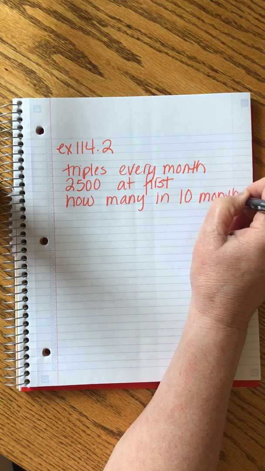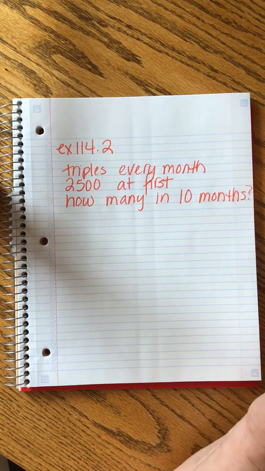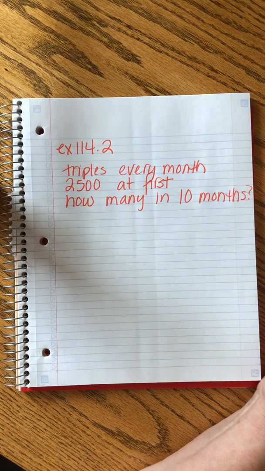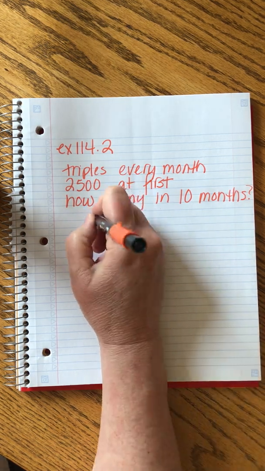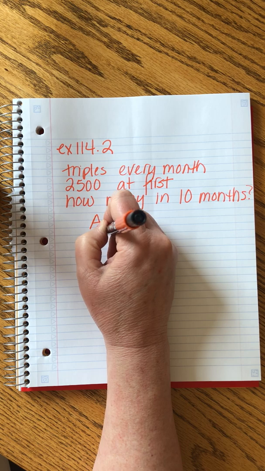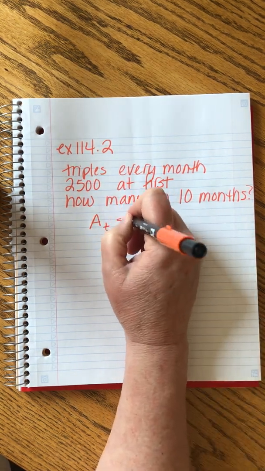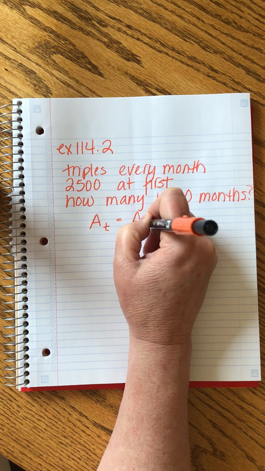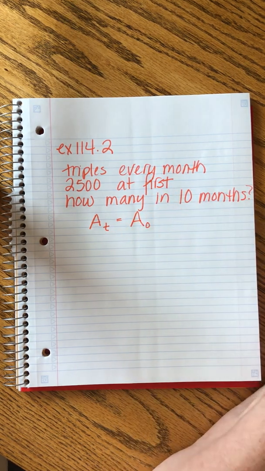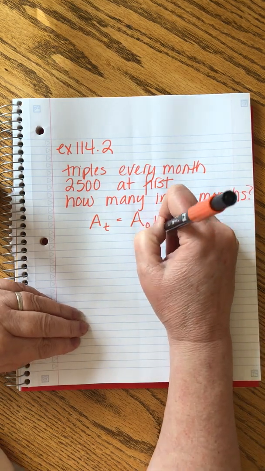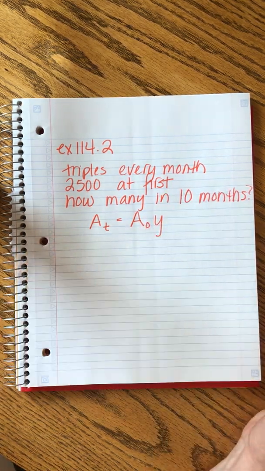What we need, my friends, is a formula. We need to plug this stuff in, don't we? And here is the formula that we need. The amount that we have at any certain time is equal to, and I'm going to write this all down, don't worry, the original amount, and Y is something we call a growth multiplier.